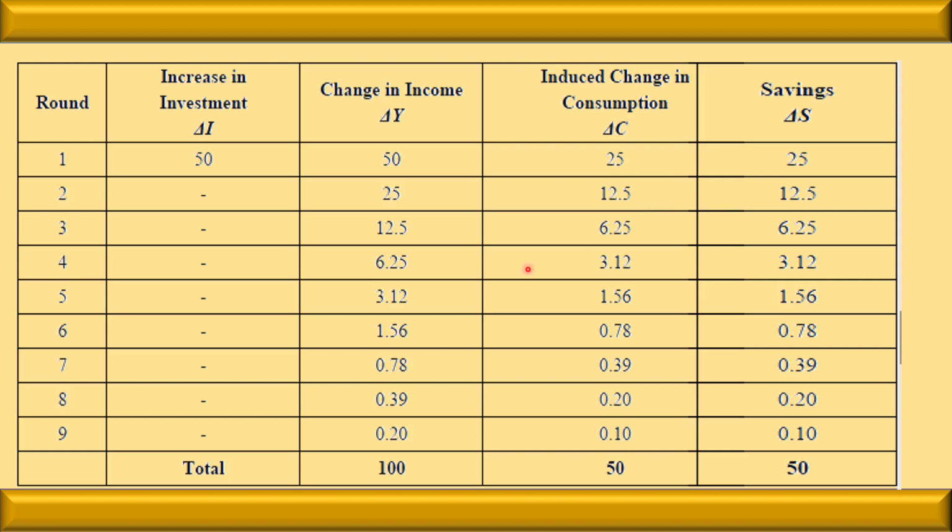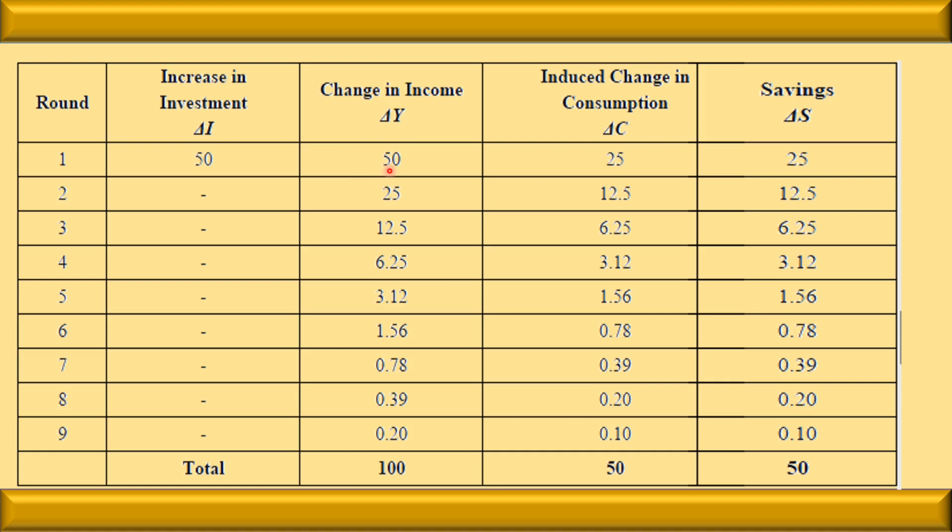Let us explain with the example. Let us presume that the initial investment done by the car industry is 50 crore. That will be the income of the workers of the car industry. Here we can say that is 50 crore.